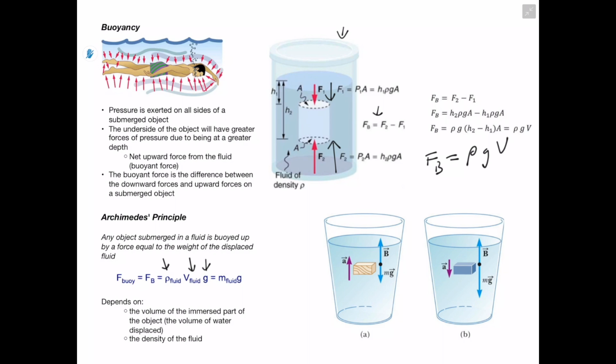We can see an example here where we have two boxes. One is going to be wood and one is going to be made out of metal. They're the same size and shape but different densities. In the case of the wood box on the left, we see that its density is lower than the density of water. This means we're going to have a smaller mass, therefore a smaller force due to gravity, and our buoyant force is actually going to be greater than the force due to gravity.